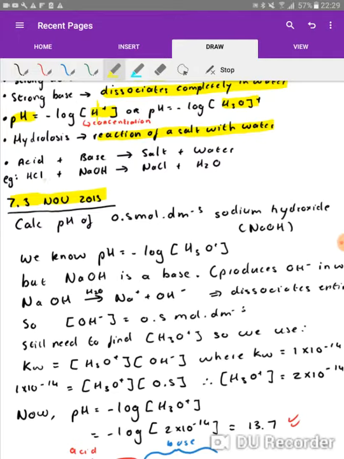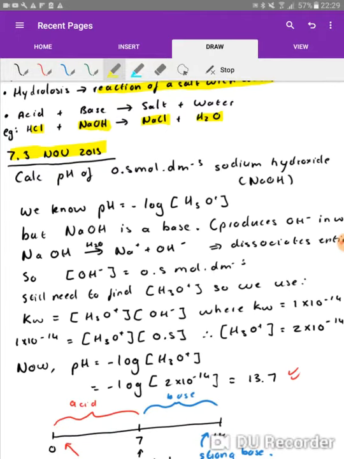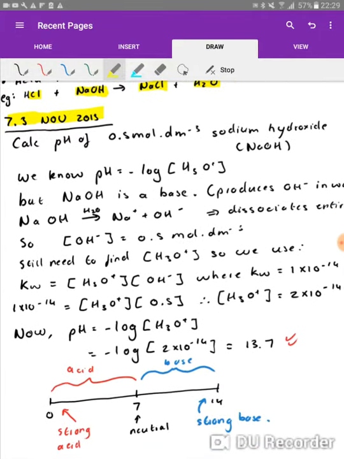For example, hydrochloric acid plus sodium hydroxide gives us sodium chloride plus water. Sodium chloride is a salt. Just remember how to do those equations. They can come out for some marks.